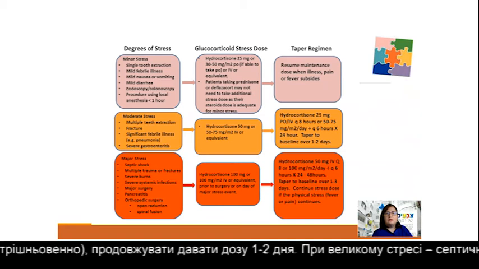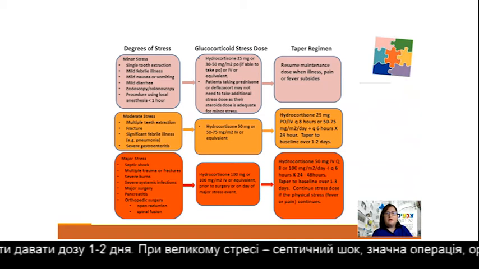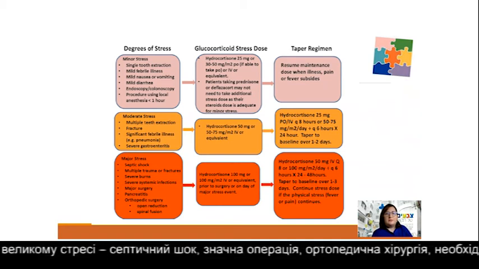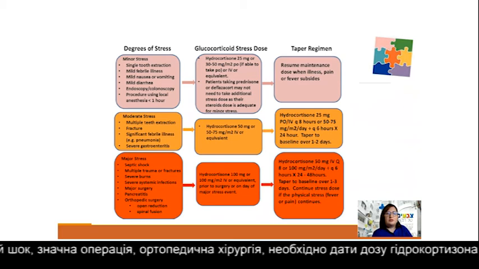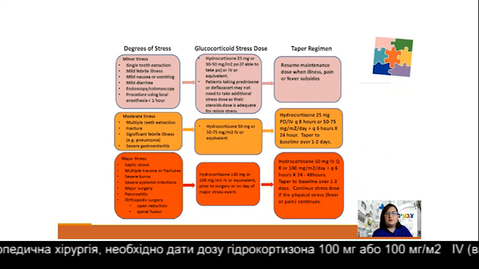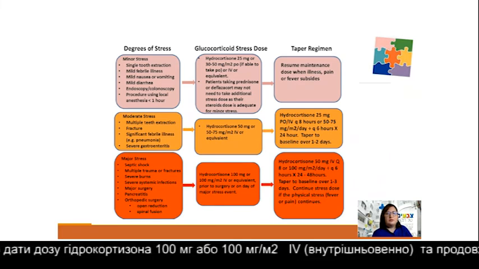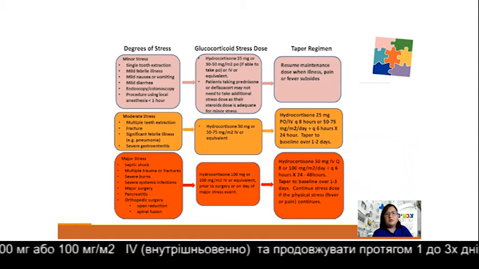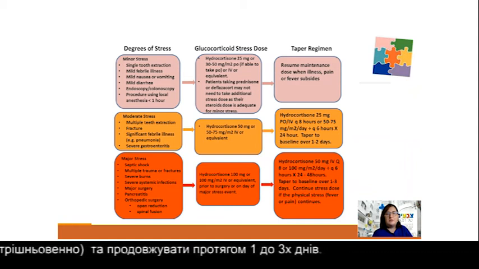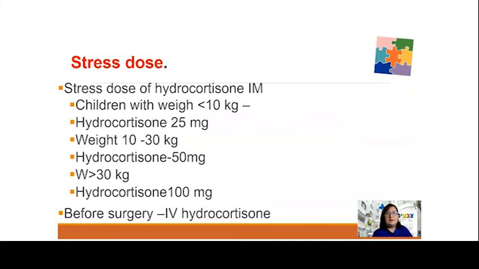The dose continues for 1 to 2 days. And in major stress, septic shock, major surgery, orthopedic surgery, hydrocortisone should be given in a dose of 100 milligram or 100 milligram per meter square IV and continues for 1 to 3 days.